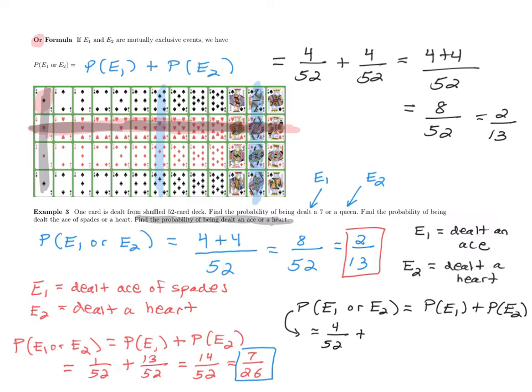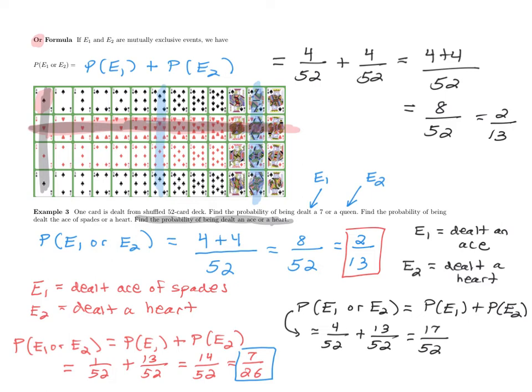And we also know the probability of E2, that is 13 out of 52. And if you add those together, you get 17 out of 52. So what we did here was use this formula to get to this number here.